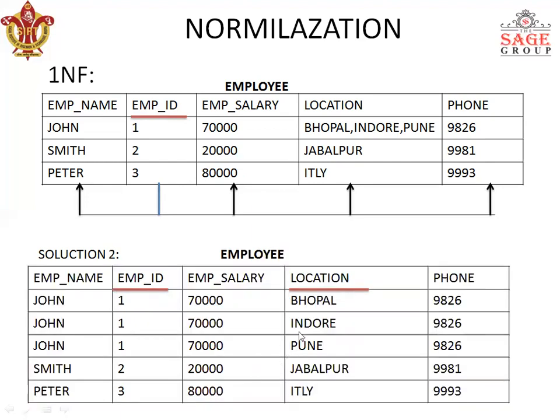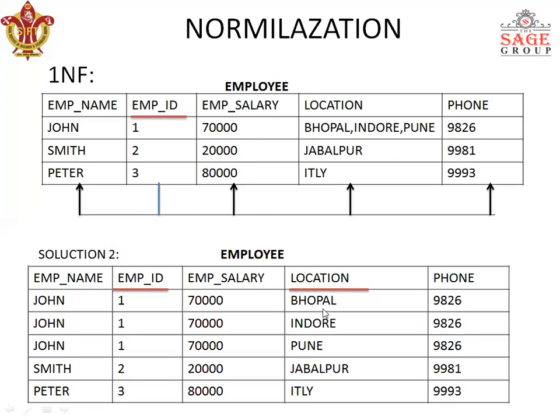There is another way to convert this unnormalized table into the first normal form. Taking solution number 2, we have broken down Bhopal, Indore, and Pune into 3 rows, because as per the property of first normal form, the value should be atomic. So this value will now be atomic.